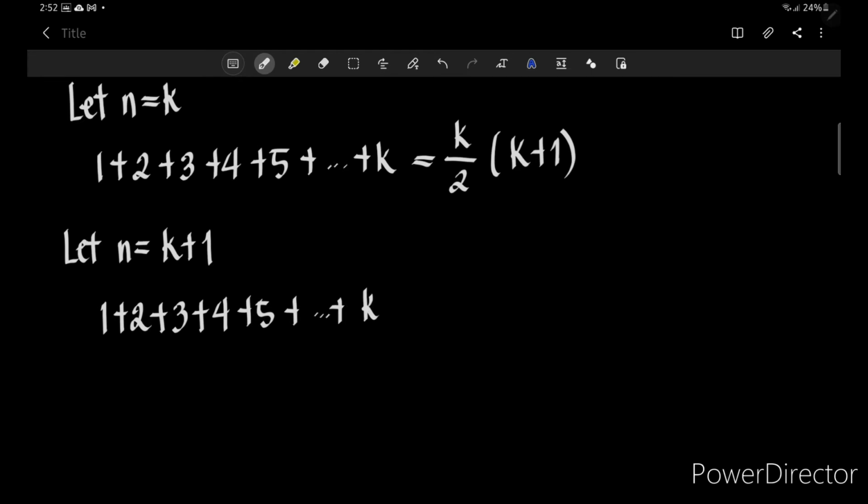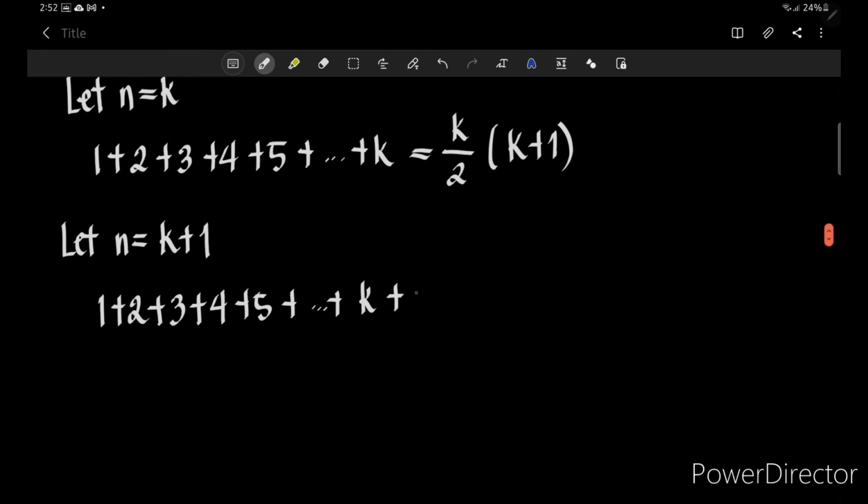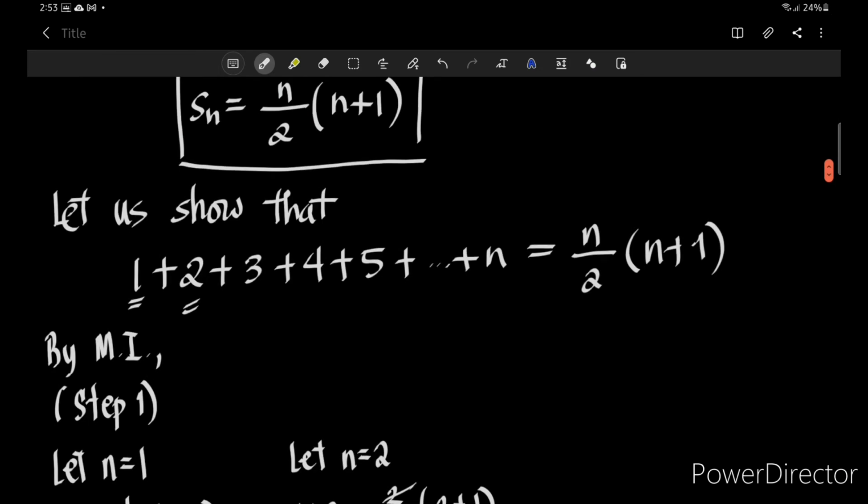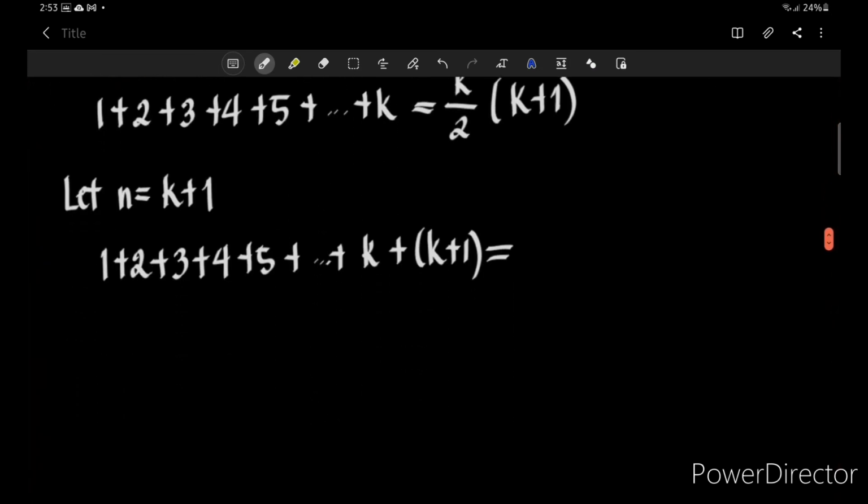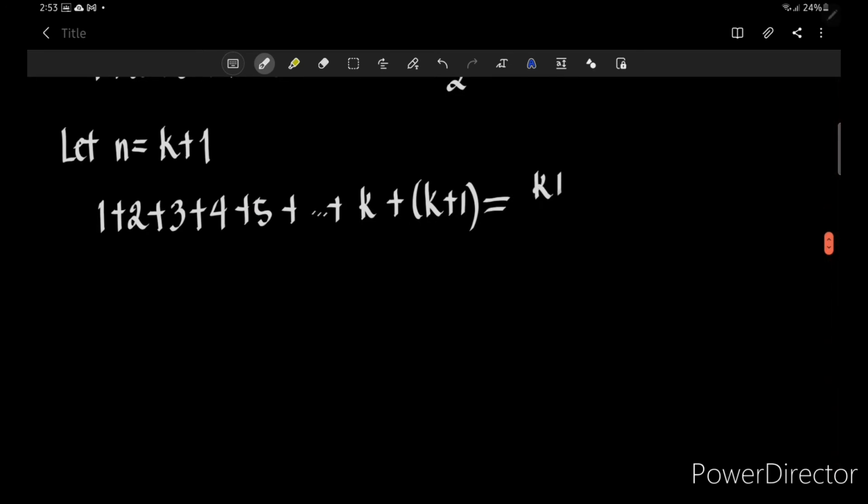Then, ang kasunod ni k ay k plus 1. Now, sa right side, lahat ng makikita nating n, okay, ay papalitan lang natin ng k plus 1. Now, we have k plus 1 over 2 times k plus 1 plus 1.